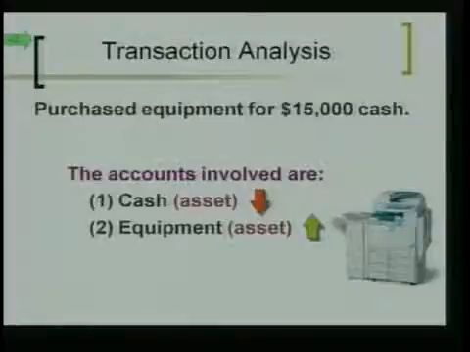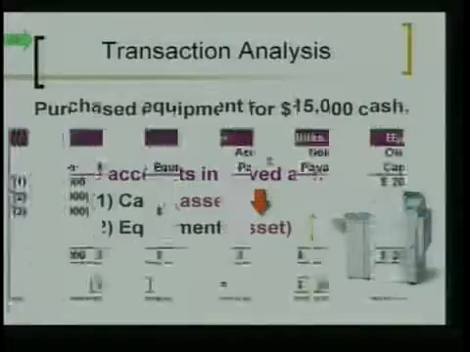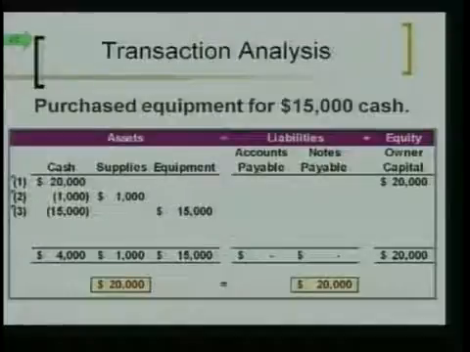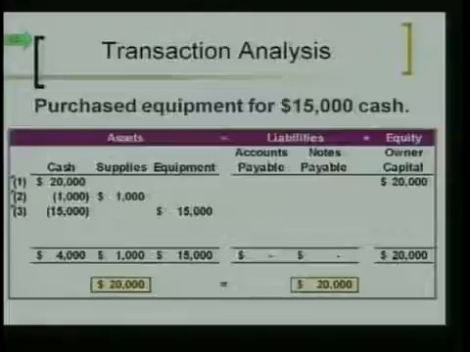Those are both assets once again. Now, supplies aren't the same thing as equipment, okay? So when we look at it in this analysis, this is how it's going to look. Your cash has decreased by $15,000, and your equipment has increased by $15,000.